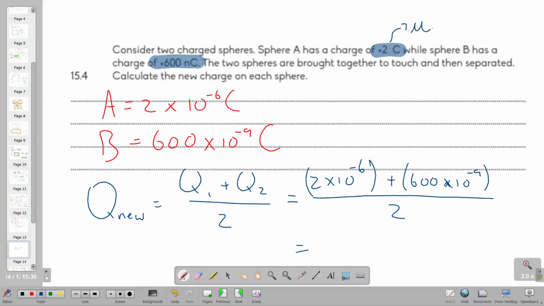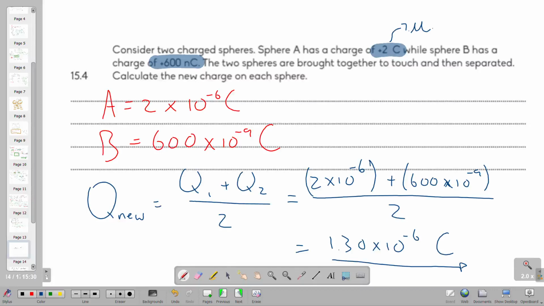And our answer is 1.3 times 10 to the negative 6. Alright, so we get the answer is 1.30 times 10 to the negative 6 coulomb. Alright, and that's the charge on each sphere.